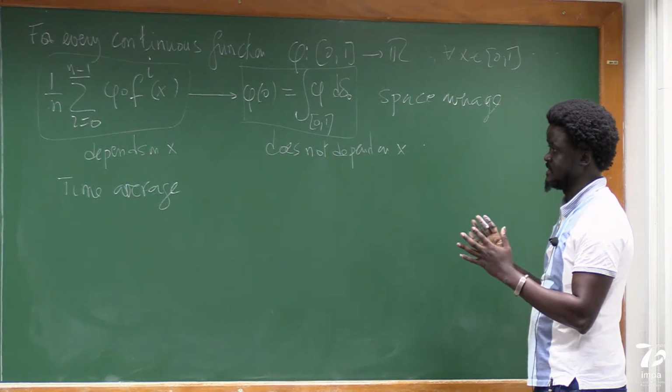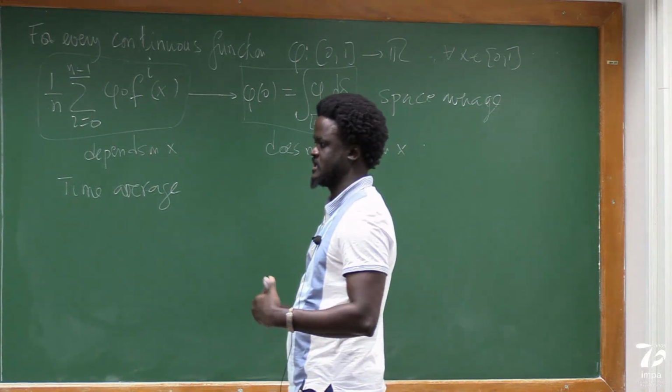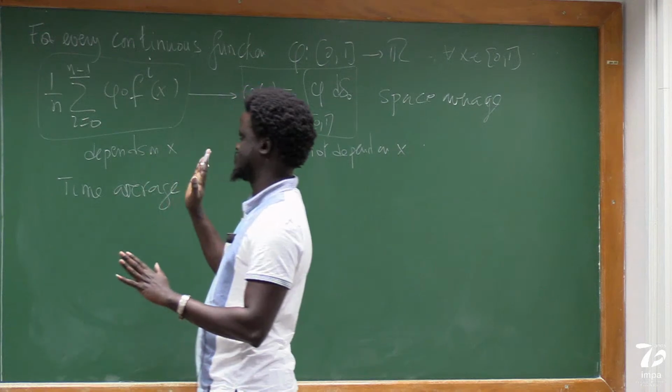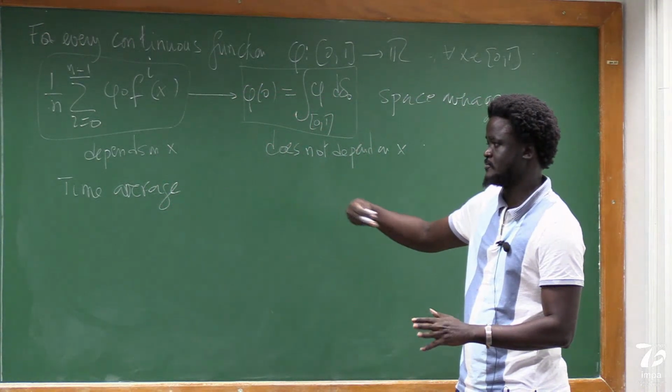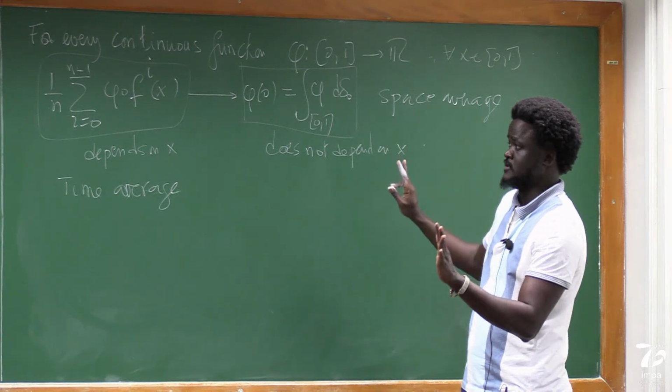This is something interesting that holds for many dynamical systems we will study, and it is the prototype of the Birkhoff ergodic theorem, even though for this system you don't need to apply that theorem.